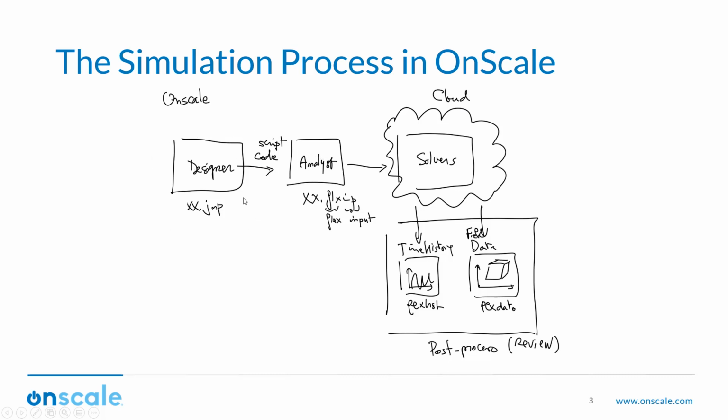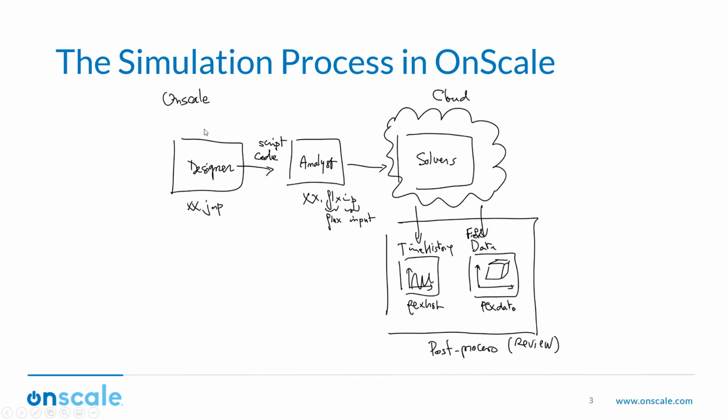So designer is where you generate your model into the GUI graphically. Then when you generate this model, some script code is generated, which is actually analyst mode code. And this code is called an FLX input deck. And this is what is sent directly to the solver.